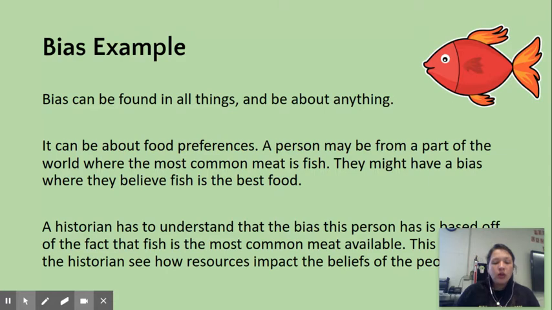So an example of a positive, like a for bias, would be maybe somebody lives in an area where the most common meat is fish. They might have a bias where they believe that fish is the best food because that's pretty much all that they've ever eaten. So that's what they think is the best. And that's not a bad thing, but that's just their bias.